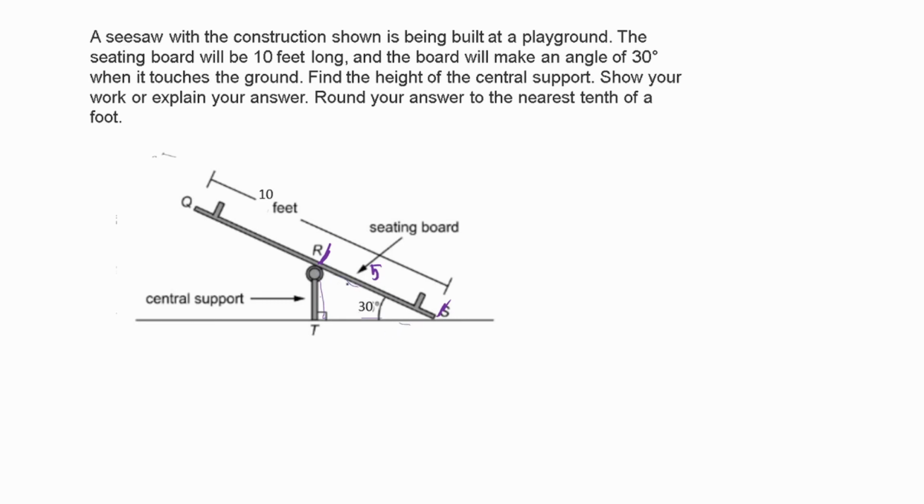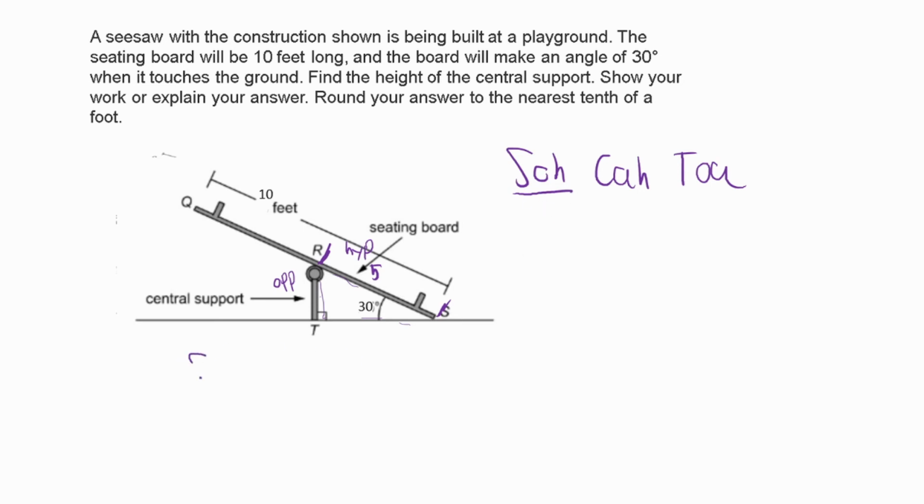So what we could then do is set up a ratio with our reference angle of 30. This side is going to be my opposite, and my 5 feet here is going to be my hypotenuse. So what uses opposite hypotenuse, right? Again, SOH CAH TOA, and you might already see it here. It's going to be my sine.